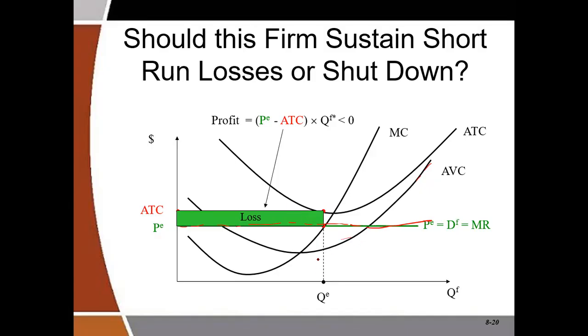But the price is bigger than the average variable cost, so the firm should not shut down because this portion of the loss is coming from the fixed cost. The firm should sustain the losses because it is getting a positive contribution. It should sustain the short-run losses, hoping that in future the contribution will be able to cover the fixed cost. So here the firm should not shut down.